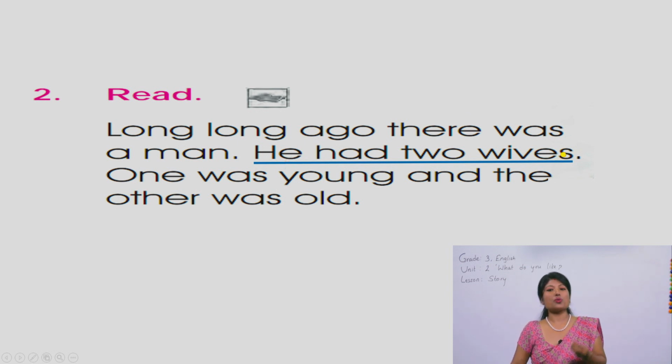He had 2 wives. The answer to a question about the text is very easy to find in the text. And always remember that the answer is in the text. We just need to be a little bit careful and search for the answer in the paragraph. So the answer is in the first paragraph itself. He had 2 wives. Alright, shall we move to next?